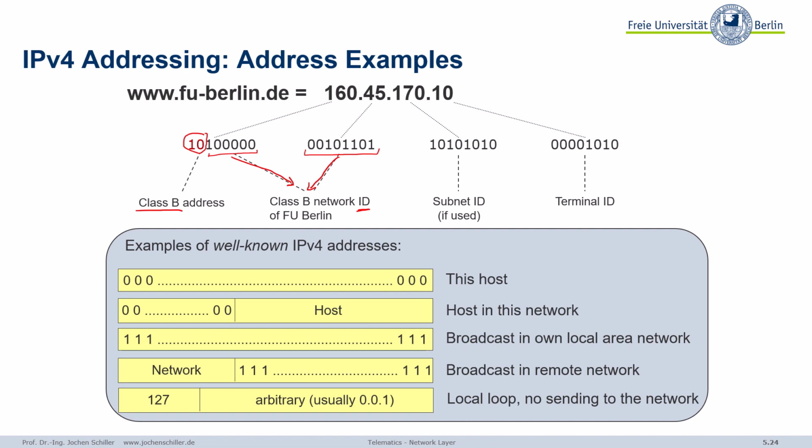Then you got, for example, a class B or several class B networks. The university got 3 class B networks. And then inside the university, the administrators could do whatever they wanted with byte number 3 and byte number 4. We'll learn how you can further subdivide this host part into subnet and terminal identification.